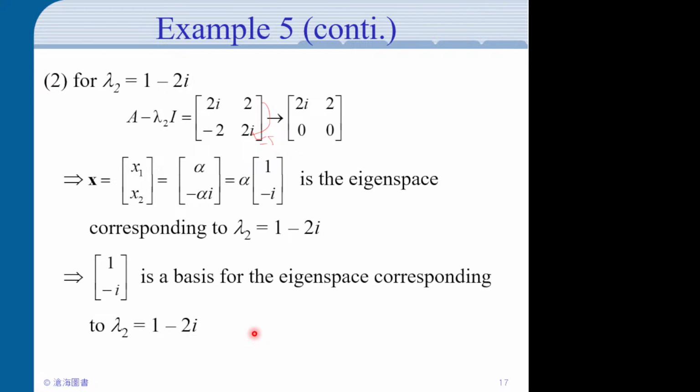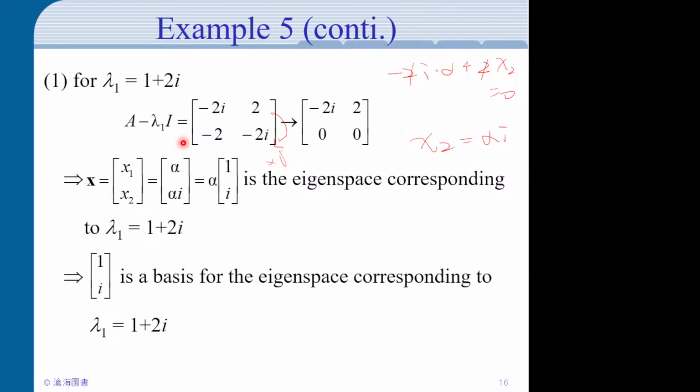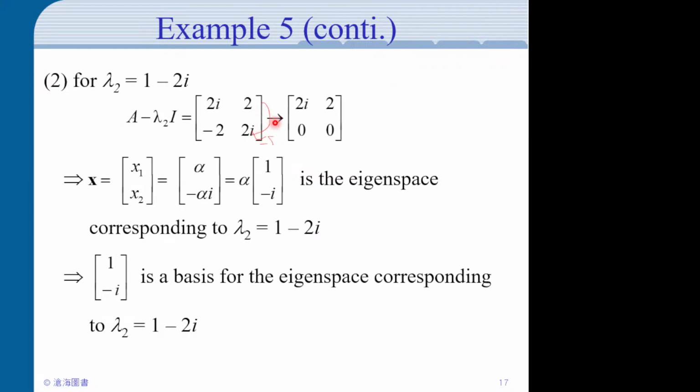Okay? Any question about this complex number example? No? Okay. So now we semi-know this complex vector space. It's a bit annoying because we have been talking about everything basically in real scalars, but now even if we have a real matrix, we can have complex eigenvalues and complex eigenvectors, as we see here. So we need to know how to deal with complex vector spaces.